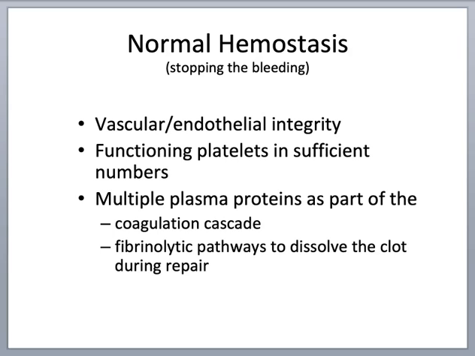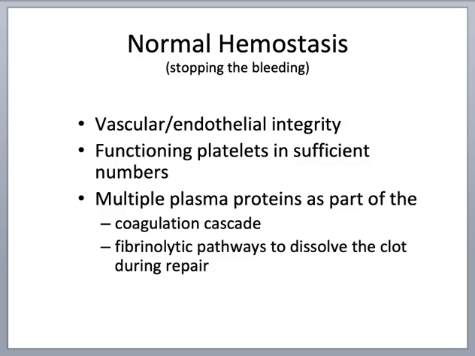The third and final thing is there are multiple plasma proteins that are part of the so-called coagulation cascade. And these proteins are necessary to solidify the initial platelet clot.